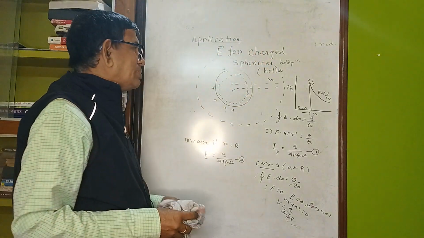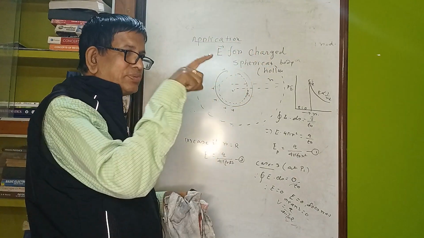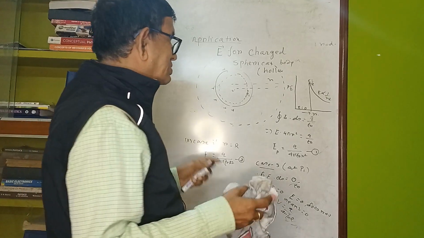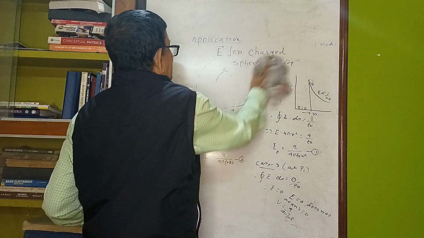Now if I consider a non-conducting solid sphere, that means charge is uniformly distributed throughout the sphere. In that case, let us consider application number 3.